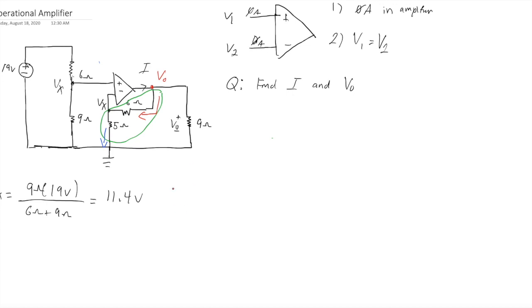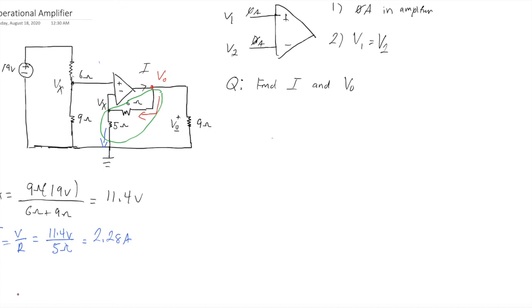So let's find what the current in blue is. I is equal to the voltage divided by the resistance, so Vx over 5, which is 11.4 volts over 5 ohms. That gives us a current of simply 2.28 amps. Sweet. So we have the current now, and that's going to be the same current for the red arrow.